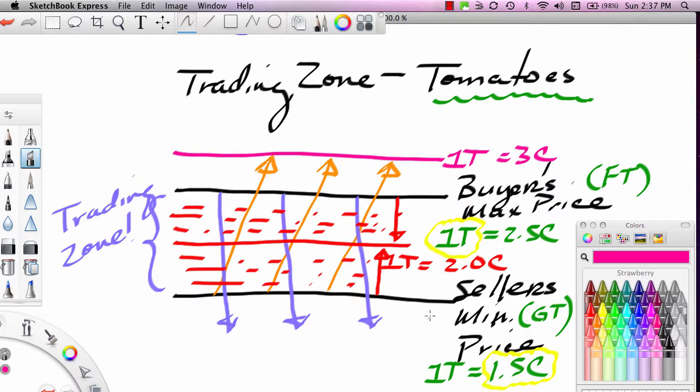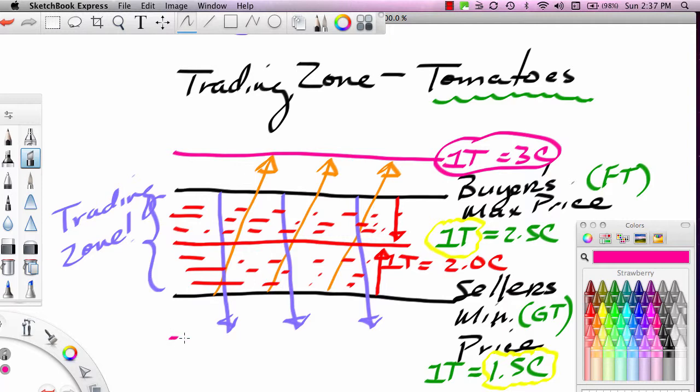The seller would be willing to get rid of T's at 3C, because again, the seller of tomatoes is after C's and would love to get as many of them as possible. But of course, the buyer would not play at that exchange rate because the buyer can actually get a tomato in his own garden for 2.5 corn. Why would he pay 3 corn for a unit of tomato? So this exchange rate is not going to work because the buyer will not play. It's above the buyer's maximum.